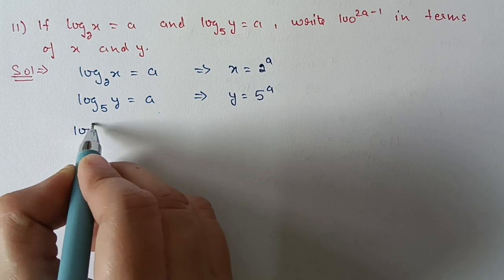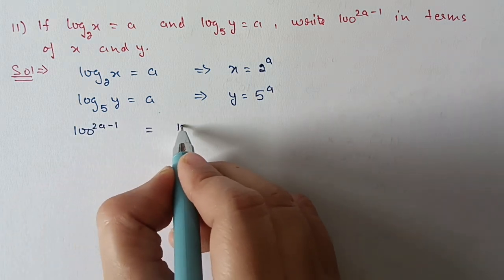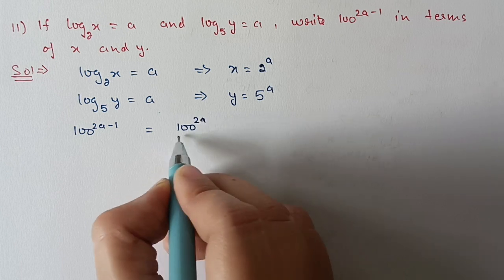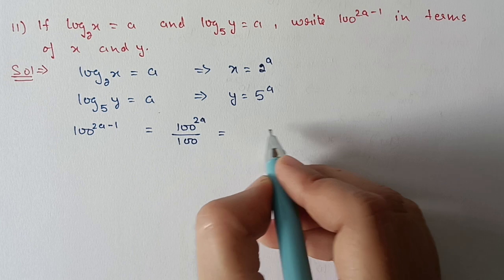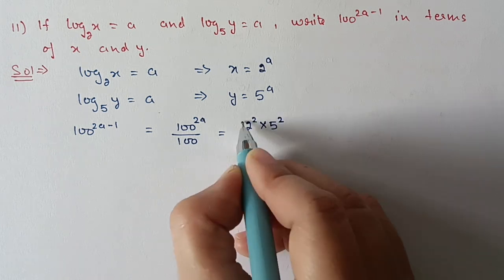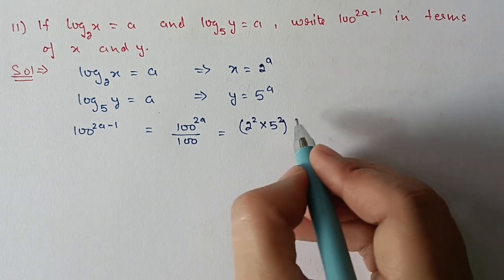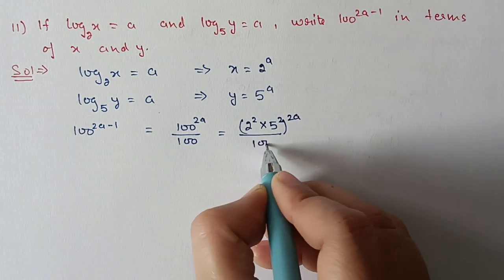Now this 100 to the power 2a minus 1 we will split. We can write it as 100 to the power 2a by 100 power 1. Then again 100 we can write as 2 to the power 2 into 5 to the power 2. Same like the last question, you have to do prime factorization, whole power 2a.